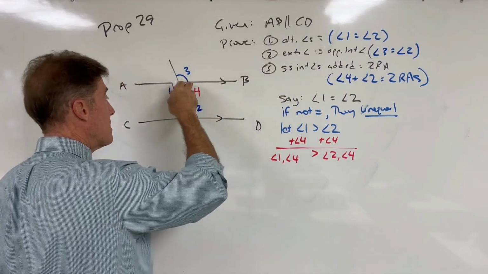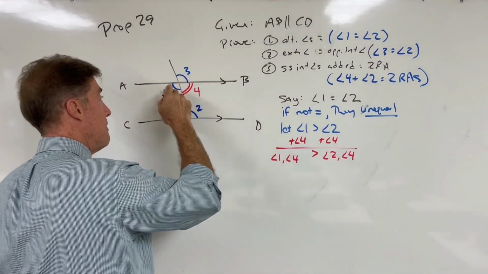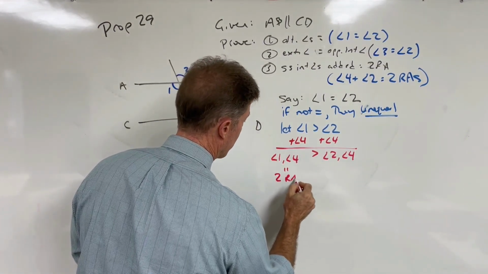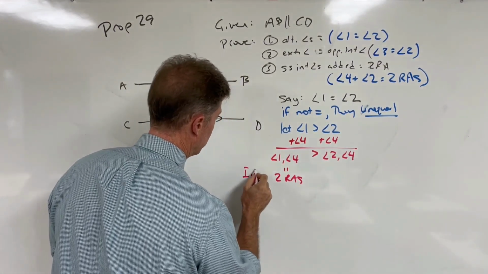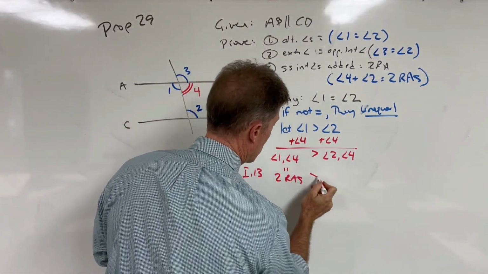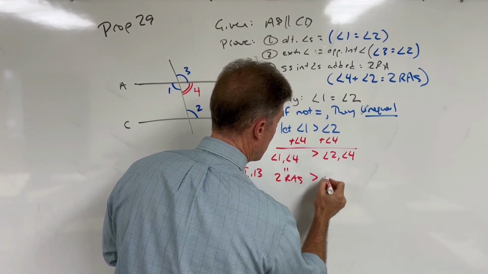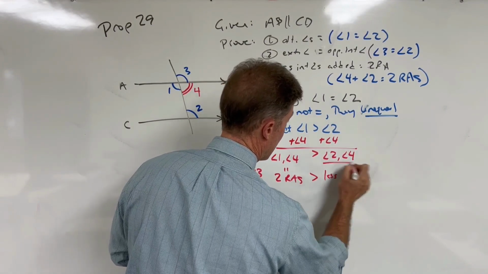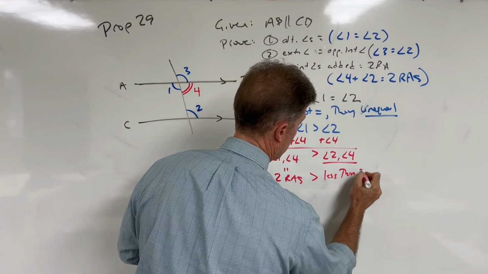Namely, there's a line set up on a line, and it makes these two angles taken together equal to two right angles. This is prop 13. Well, if this is two right angles and it's greater than this, then this combination of angles must be less. So these angles must be less than two right angles.